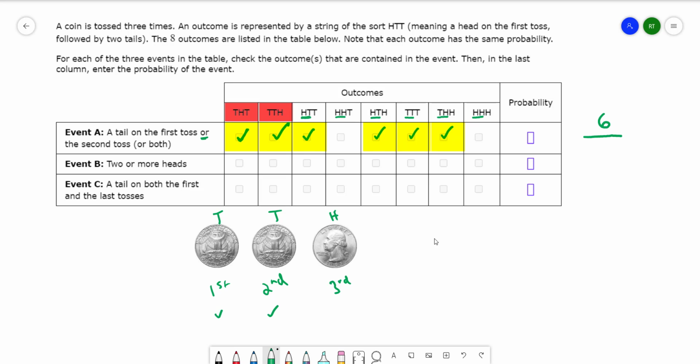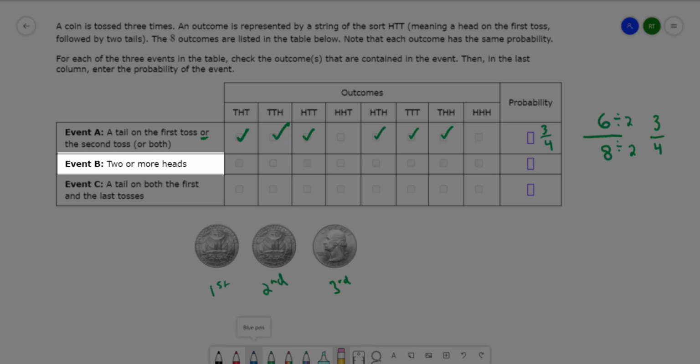There were 1, 2, 3, 4, 5, 6, 7, 8 different outcomes altogether. So 6 out of 8 would be my probability. And of course, I'm going to simplify this. They're each divisible by 2. And I would get 3 over 4. So that is my probability that I'll put in here, 3 out of 4 times.